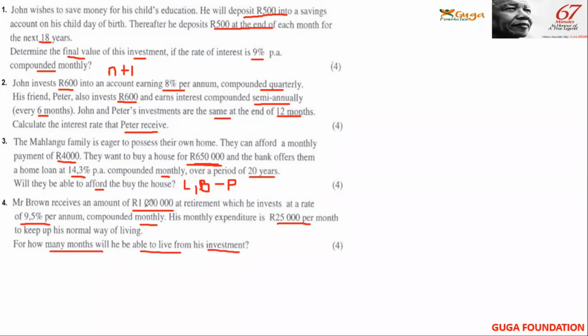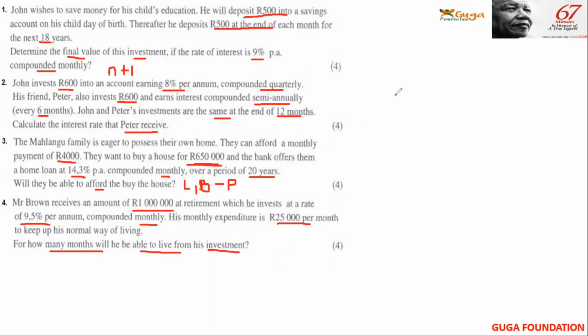Okay, now 1 million is your present value, because this is the money that he is receiving. So now we can use the principal annuity formula, then this will be your X, and we can solve for N.